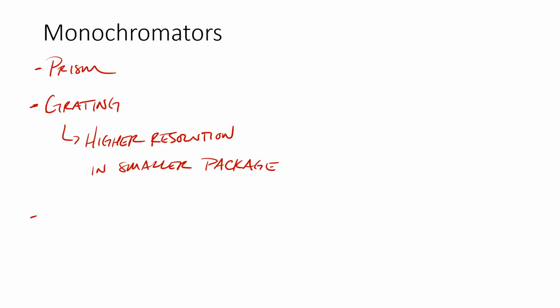Not exactly research grade UV-Vis, because usually those have a little bit tighter bandwidth. But I would say anywhere from 2 to 6 nanometers is a reasonable bandwidth.